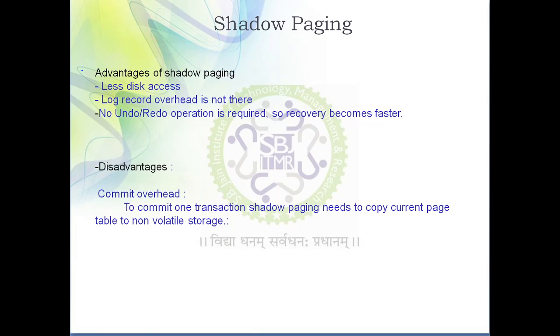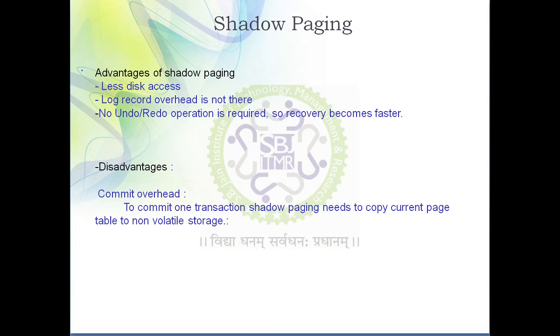Okay, so next we discuss the benefits of shadow paging. The benefits are that it requires fewer disk accesses, and there is no log record overhead. Here we have seen that we are not making use of the concept of a log, because shadow paging is an alternative technique to log based recovery.